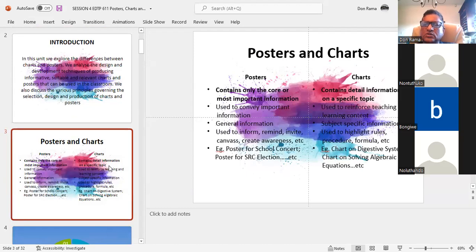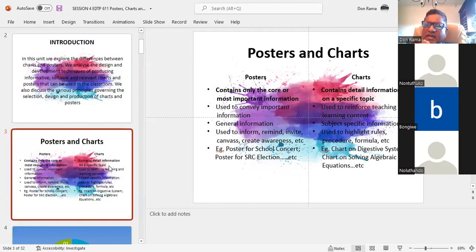A chart contains lots of details. A chart will have both text as well as graphics. In other words, you'll have writing as well as pictures or drawings on that chart. Now, the chart will focus on your specific topic of your lesson.